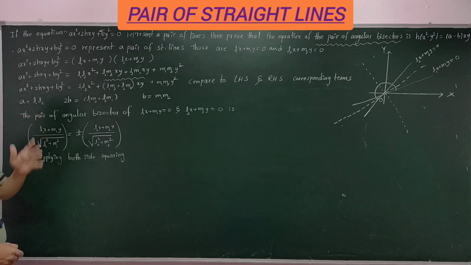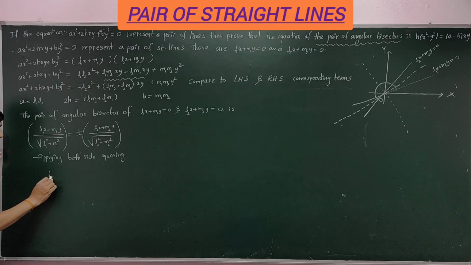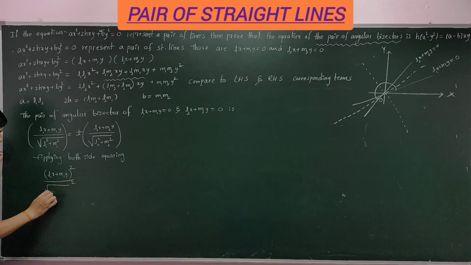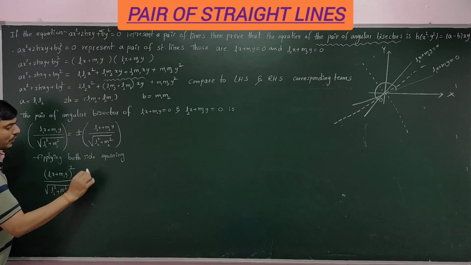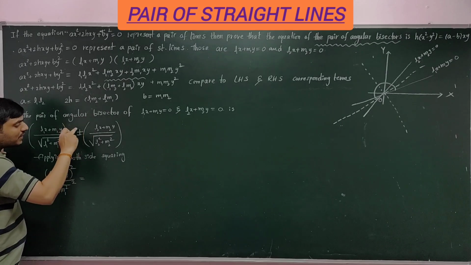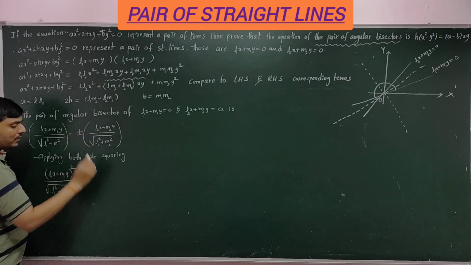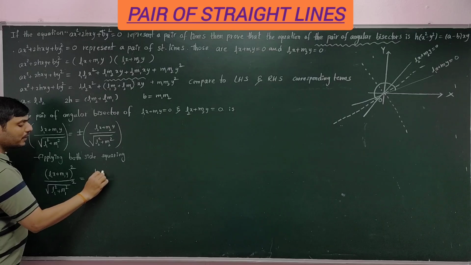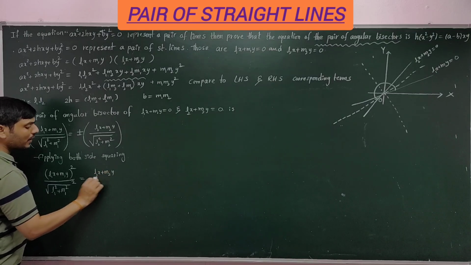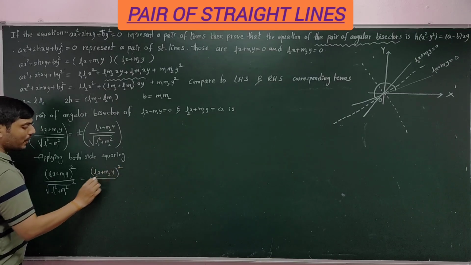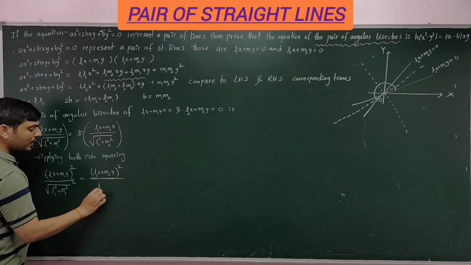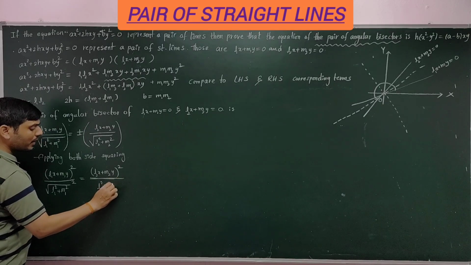Directly you write plus. One more time you write here L1x plus M1y whole square by under root, here also square, L1 square plus M1 square, is equal to the square of the plus or minus answer, plus L2x plus M2y whole square by L2 square plus M2 square.